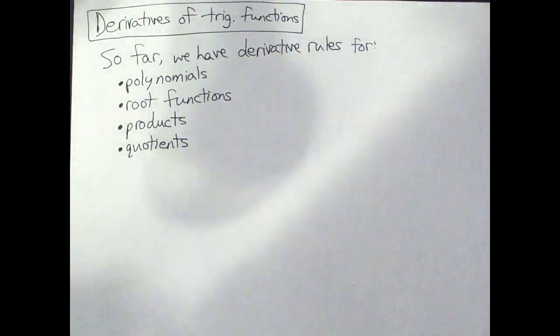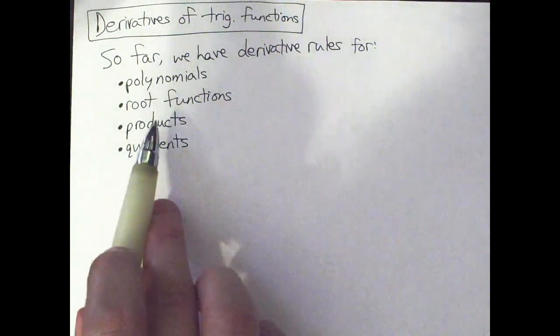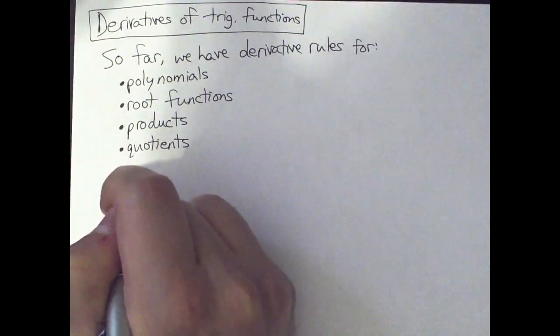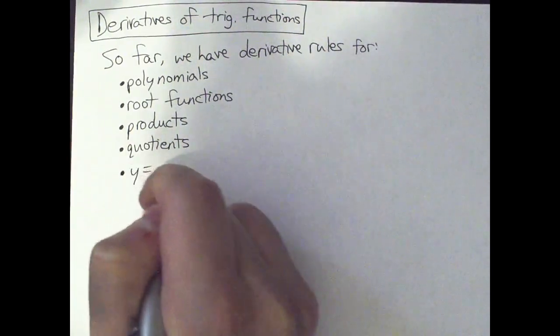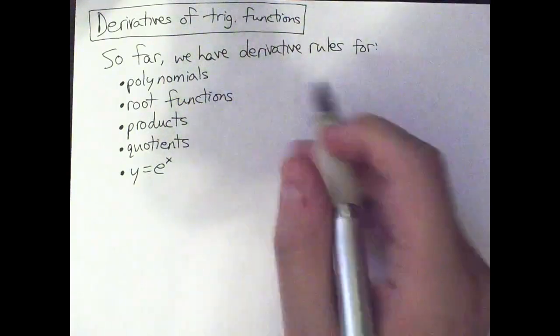I would say that we haven't really learned all products and all quotients. Like what if part of the function was something we haven't looked at yet? But we've learned how to do a lot of products and a lot of quotients. And then we also learned how to do the derivative of y equals e to the x. That was a good one. So our goal is to have derivative rules for as many functions as possible.